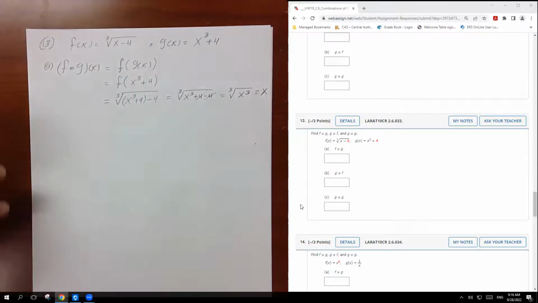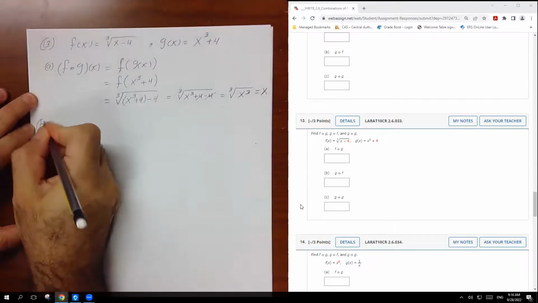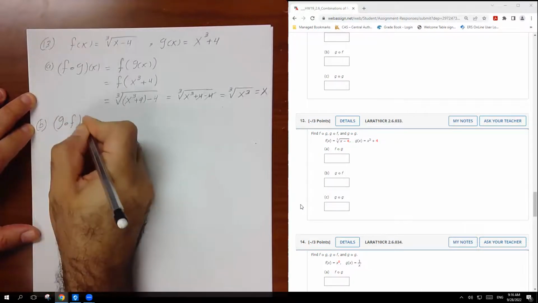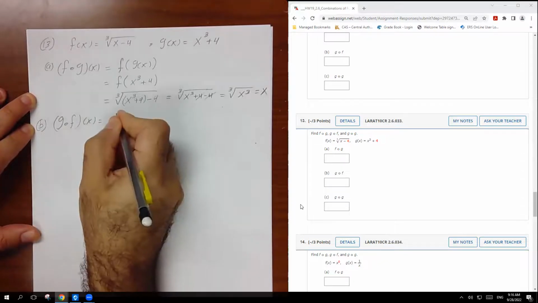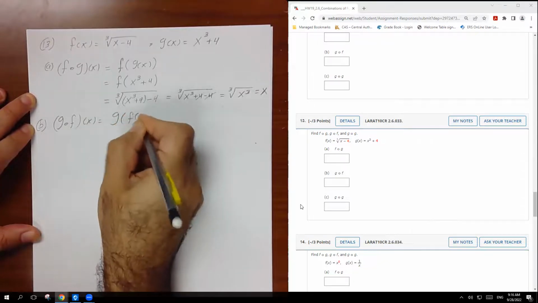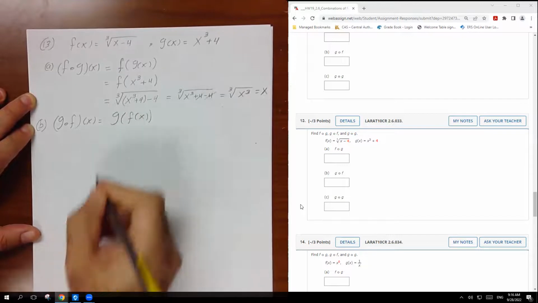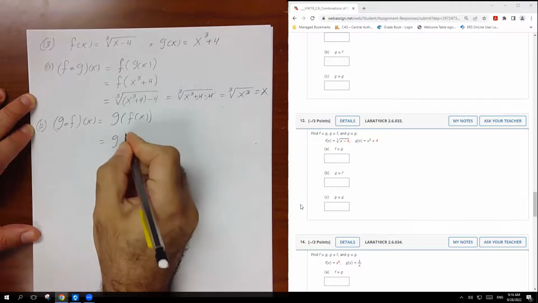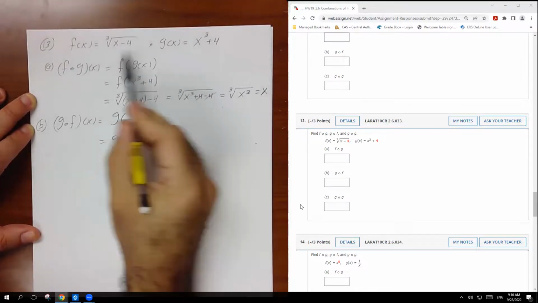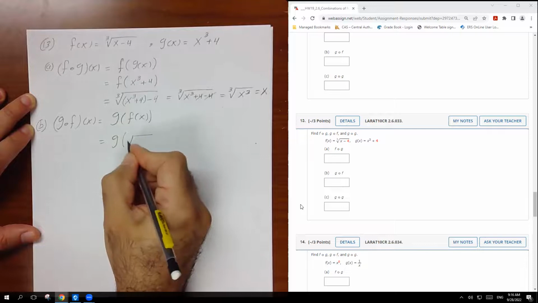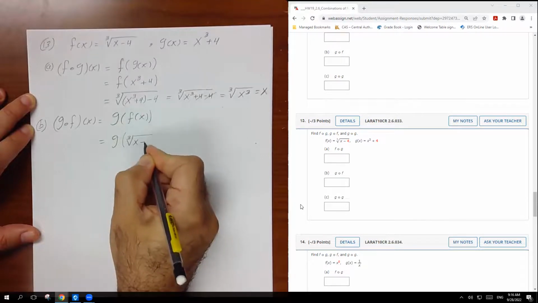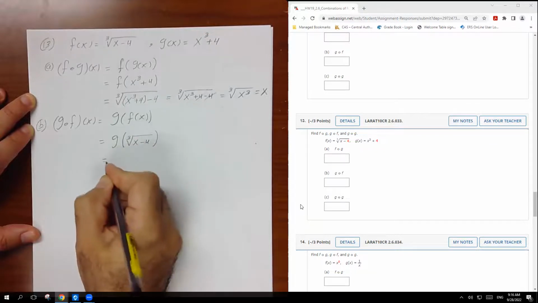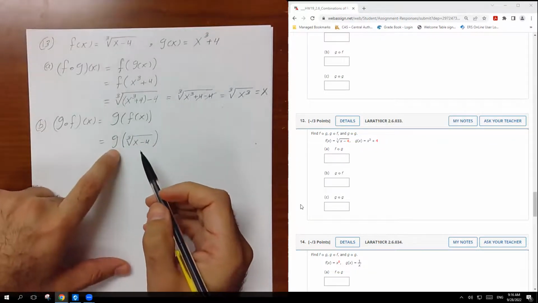The second one, they ask you to find G composite with F of X, which is going to be G is out and F of X inside. Now here is F of X. This is the cubic root of X minus 4. Now I'm going to go to the G function.